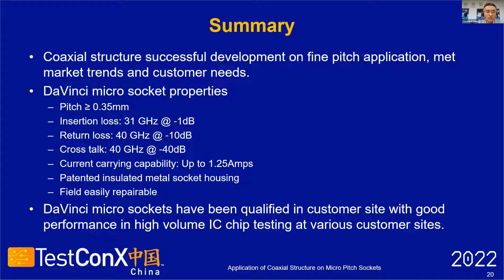It shields those critical signals throughout the interface, just as I showed in the presentation. It can significantly improve the crosstalk performance. And the DaVinci Micro coaxial structure is intended to match the system impedance by customizing the cavity and pin size, providing a really ideal solution to improve the socket performance.